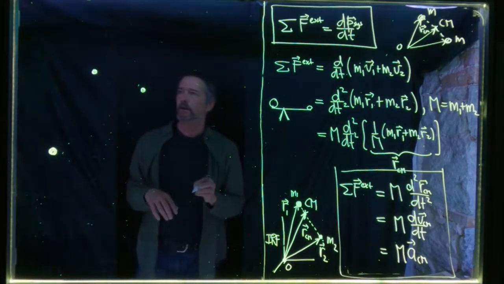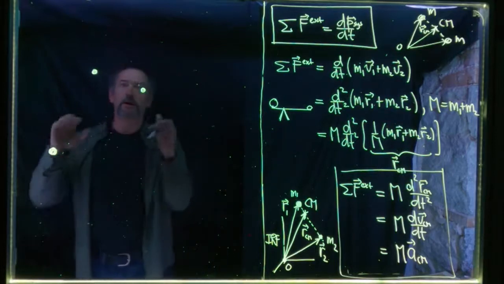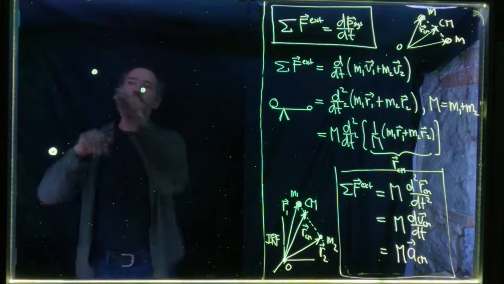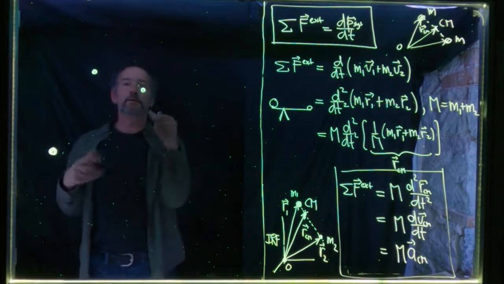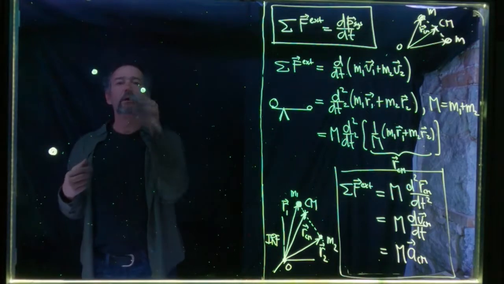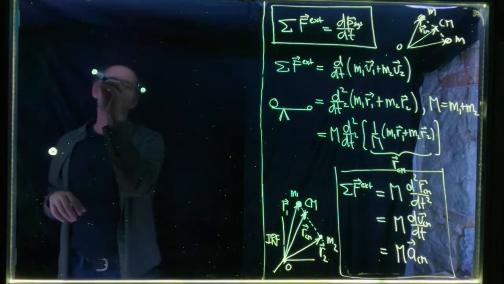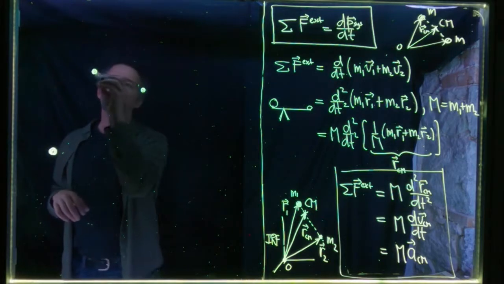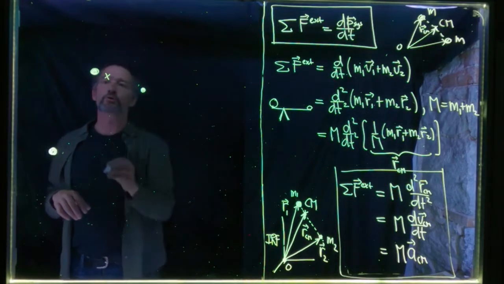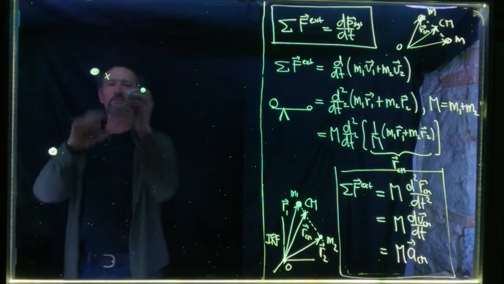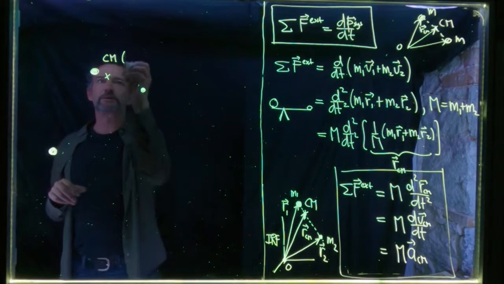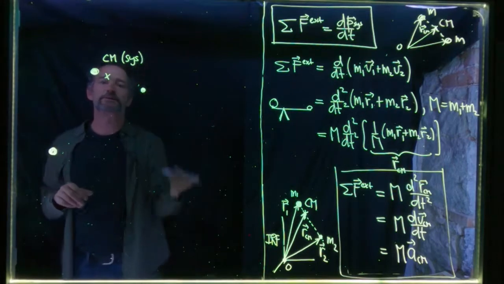Okay. Now at this instant of time, there is a point in space lying between the Earth and the Moon that is the center of mass point of our system of two particles. And it lies along the line joining the Earth and the Moon, and because the Earth is heavier than the Moon, more massive, it lies closer to the Earth. Okay, so at this instant of time, that's the location of the center of mass of our system of particles.